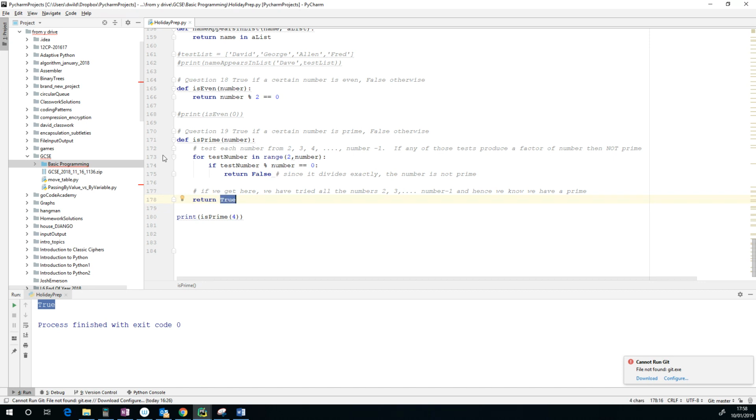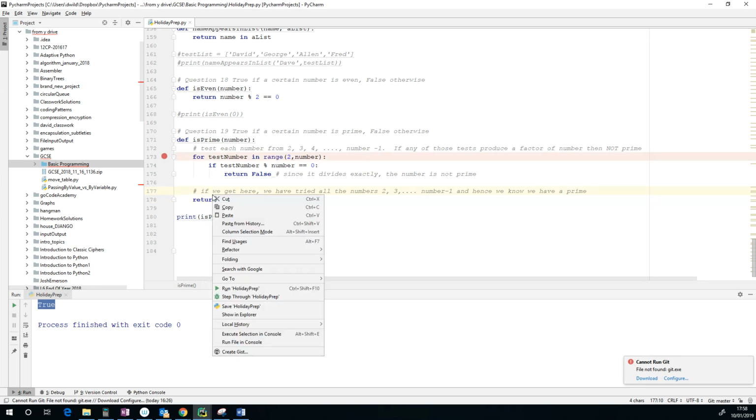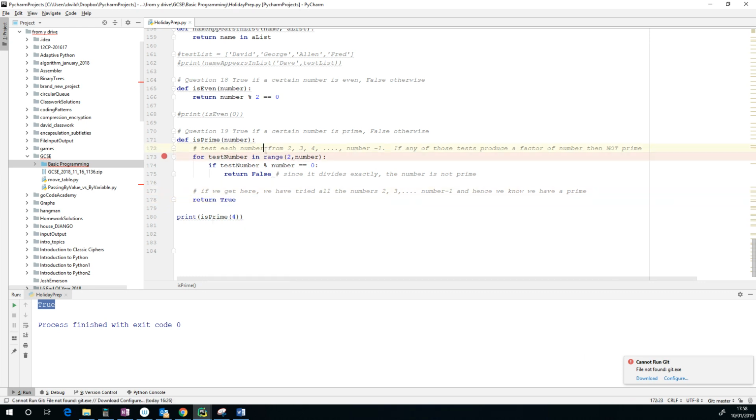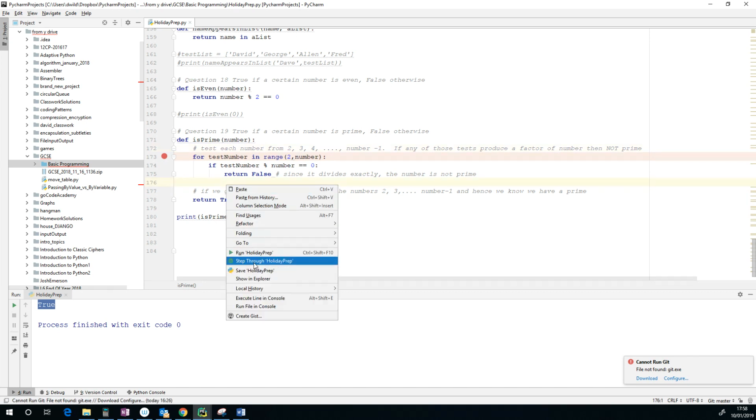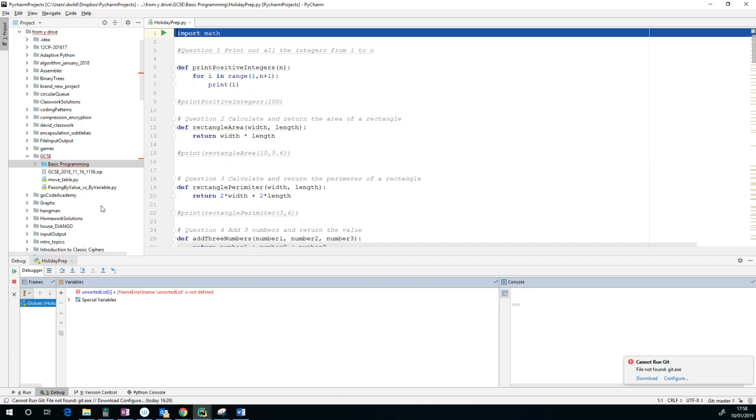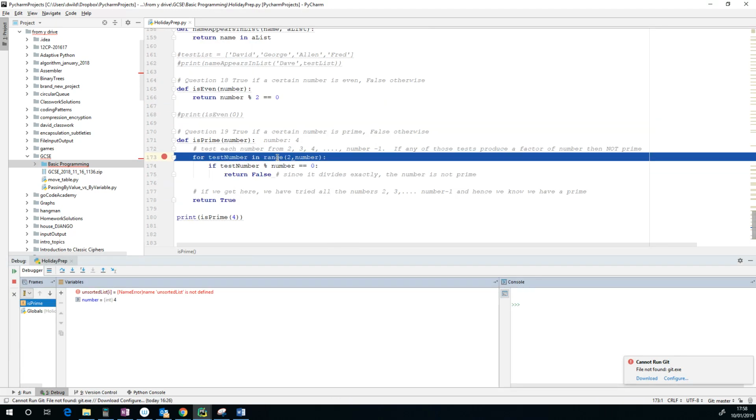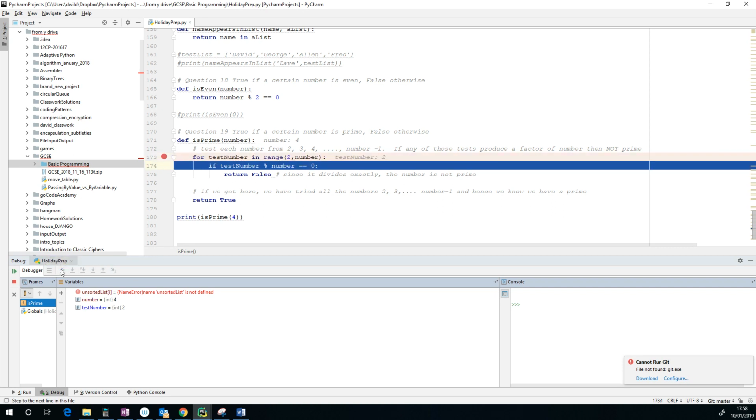Let's put a breakpoint in here. This happens a lot, by the way, when people write code: something doesn't quite work, we test it out, you put a breakpoint in, and we go through it bit by bit. So here we go. Test number is going to start off at 2, and it's going to go up to one less than number.